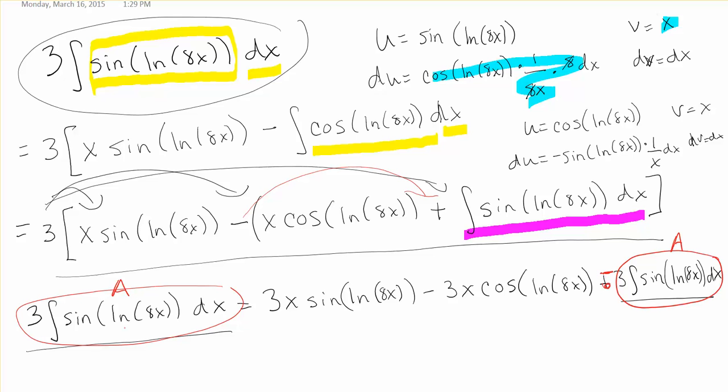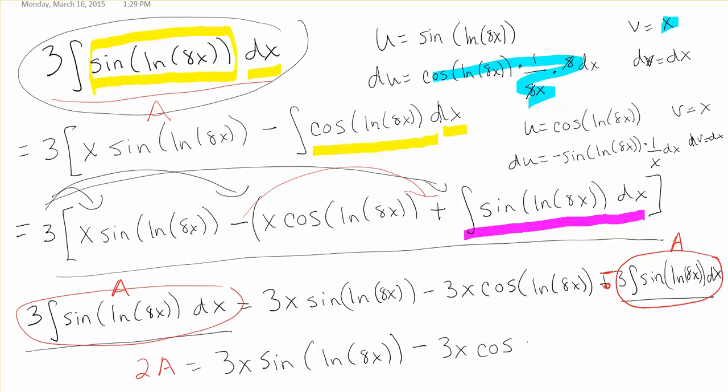So since I have the A over here and minus the A over here, I see that 2A, where this whole thing is your A, that's what you're looking for, is equal to 3x times the sine of ln 8x minus 3x times the cosine of ln 8x. And of course we should have a plus c from the integral.